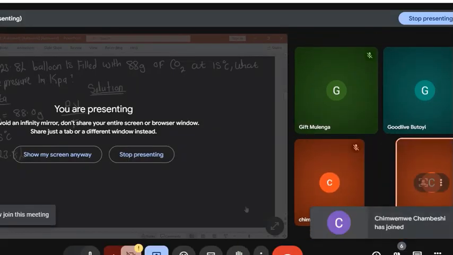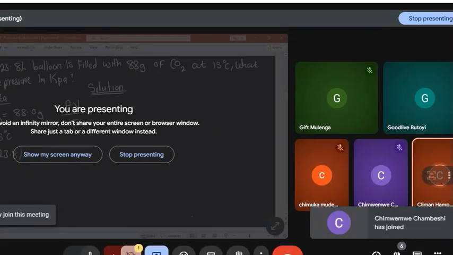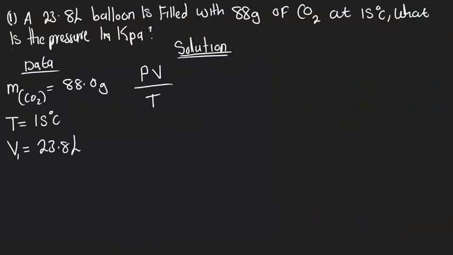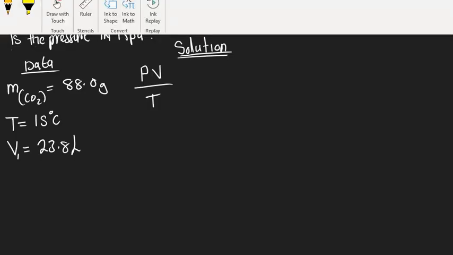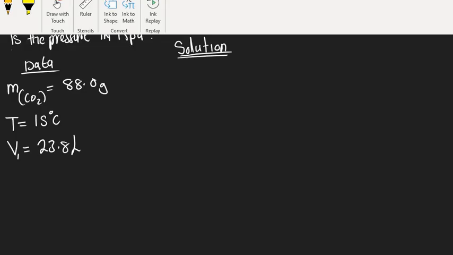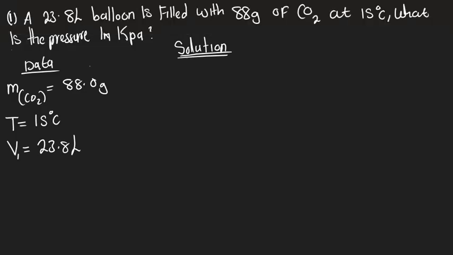What are you going to do with the mass? So this formula is not holding. I want the formula for the ideal gas. Anyone who is having the formula for the ideal gas?